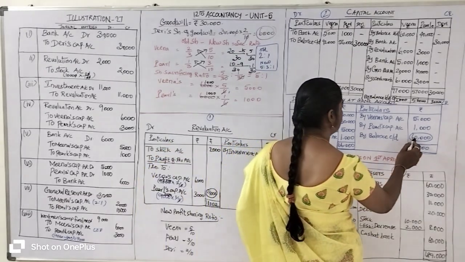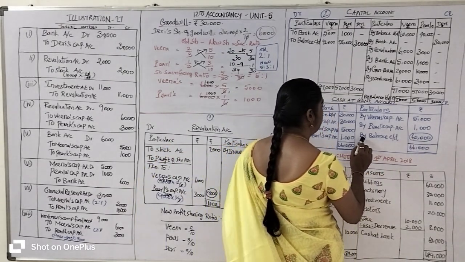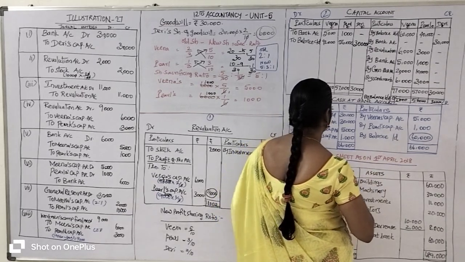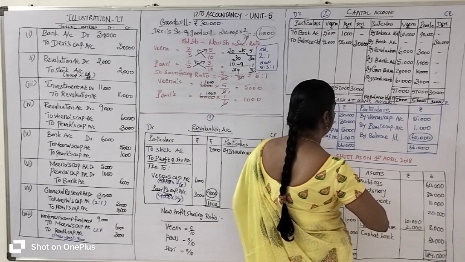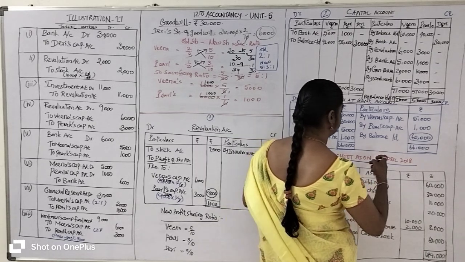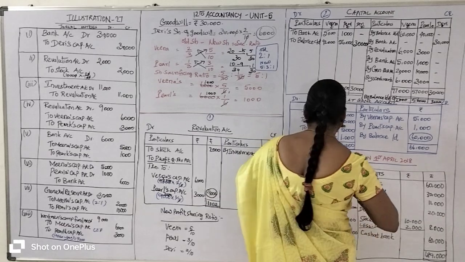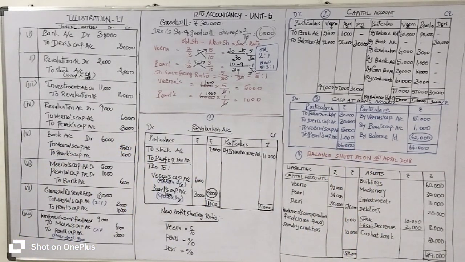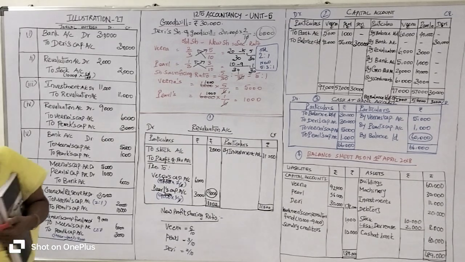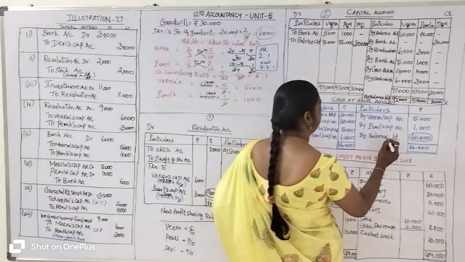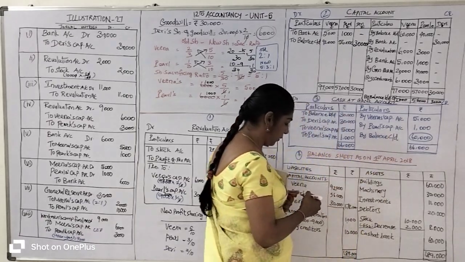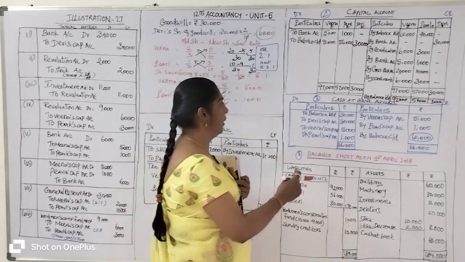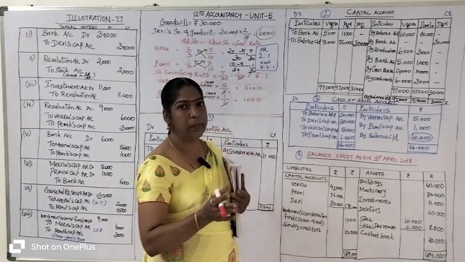Against that 60,000 rupees, you write by balance carry down. By balance carry down means the closing balance of the cash at bank account. So the closing balance is 60,000 rupees for the current accounting period.